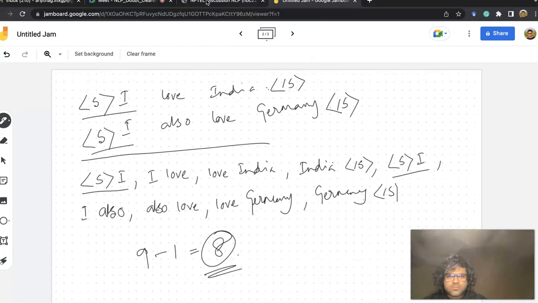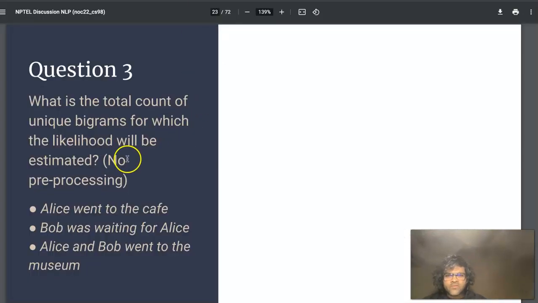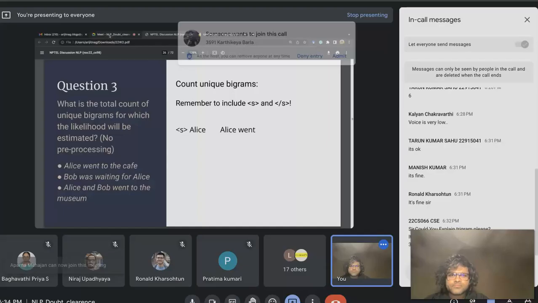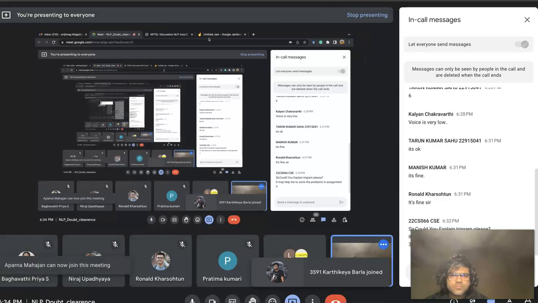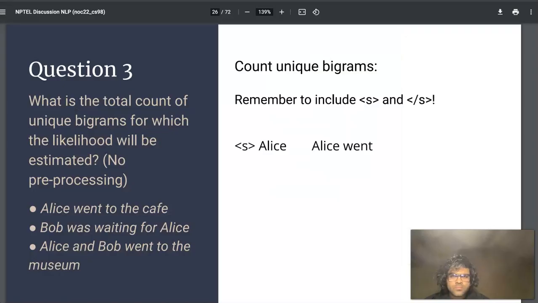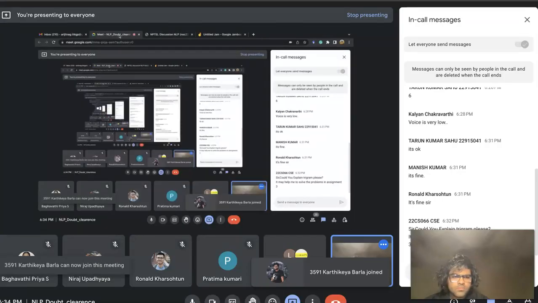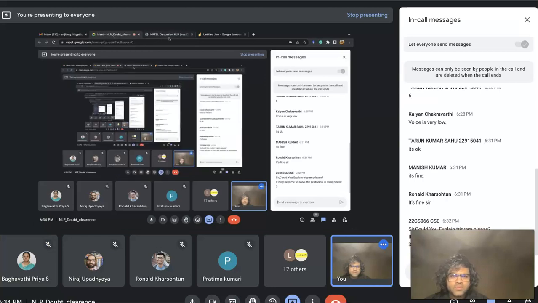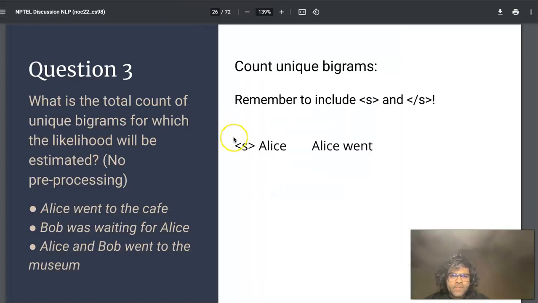Similarly for this question, if you go through this, remember to include those two tags. I will explain the trigram also, don't worry. A trigram is just an extension of the bigram.